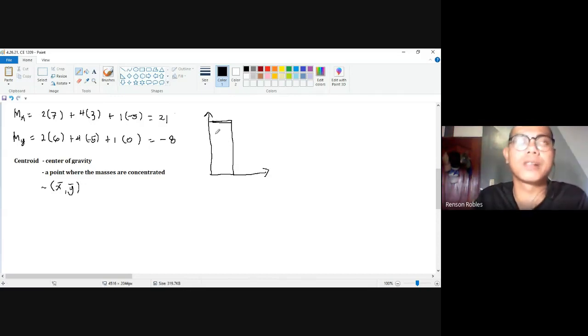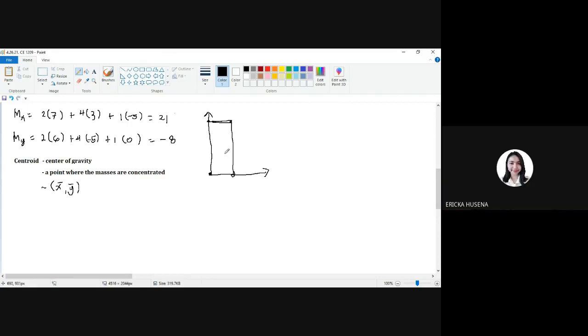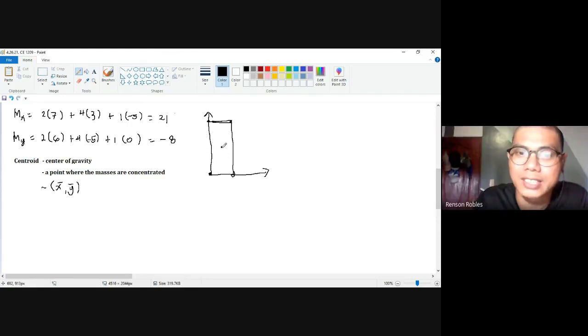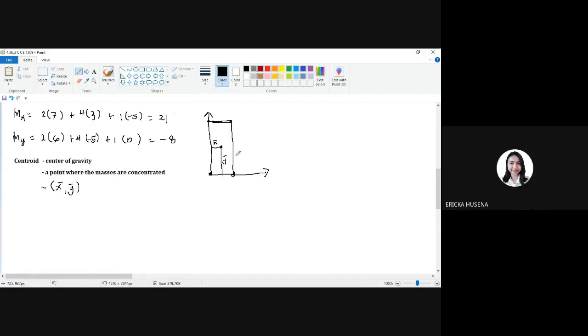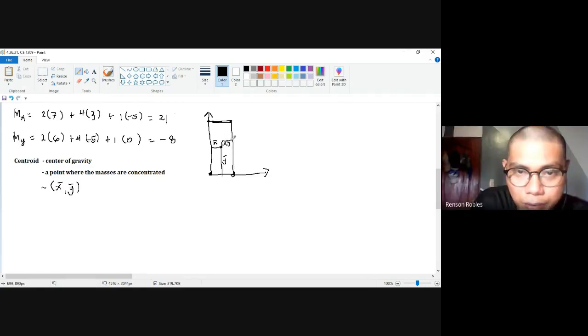If this is of equal masses, and then the centroid is located, where do you think? At the center po. The center, so exactly at the middle. Okay, so ibig sabihin, this is your bar x, and this is your bar y, right? Am I right? Yes po. Because this is bar x, bar y.